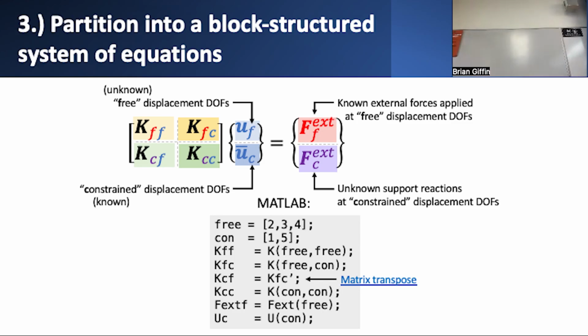And in this lower portion, I can consolidate all of the imposed, constrained displacement degrees of freedom in this subvector here. Similarly, I can rearrange all of the entries of this force vector into the external forces that are applied at these corresponding free degrees of freedom in the structure, and also bundle all the unknown support reactions into this subvector on this lower end.